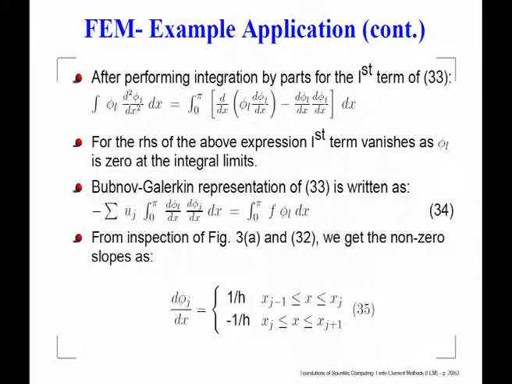That makes our life rather simpler: going from x j minus 1 to x j, we have a positive slope, and going from x j to x j plus 1, we have a negative slope, right. So we could just plug those into the left hand side of 34 and then perform the integral. That should make life rather comfortable.